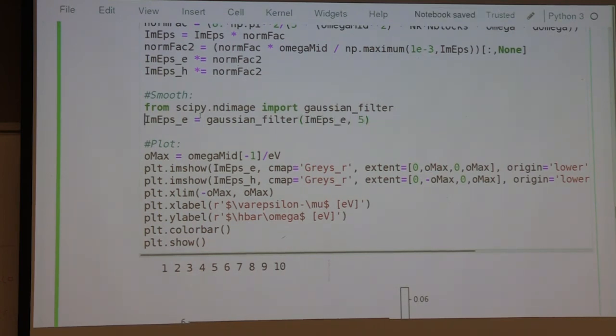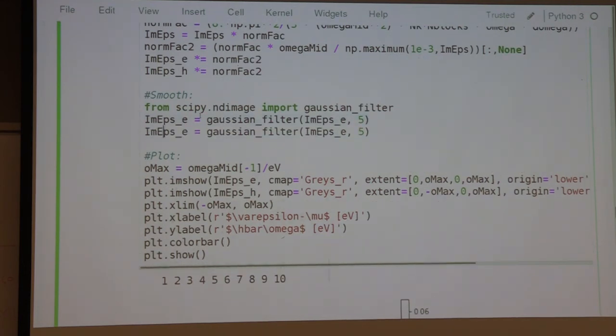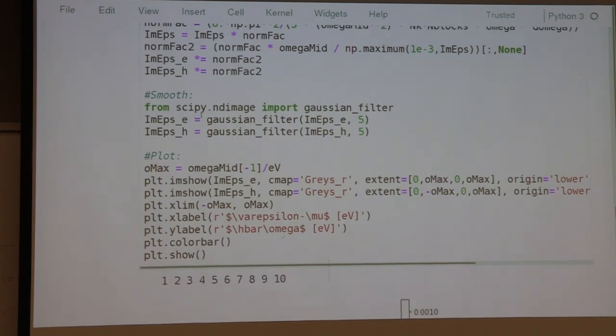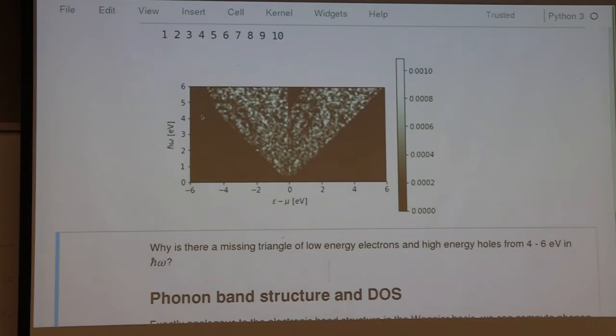And I can do the same for the holes. Right? And you get a carrier distribution like that.